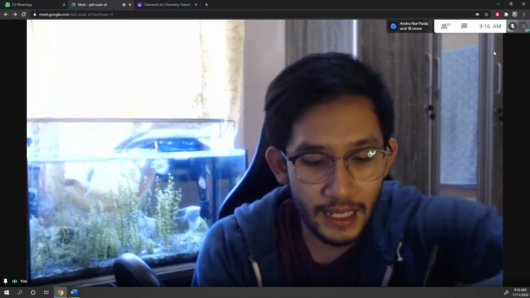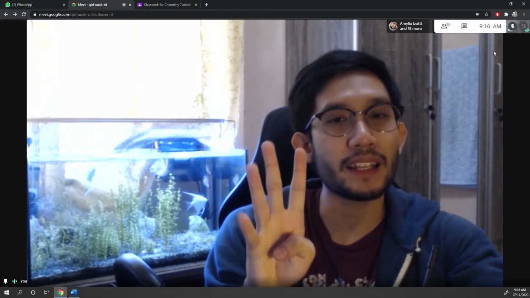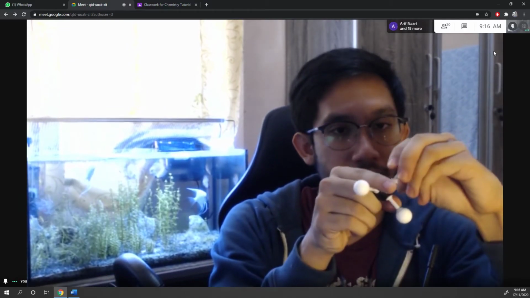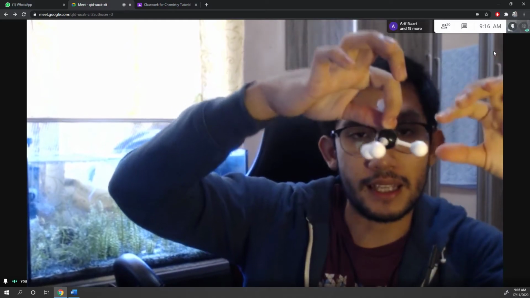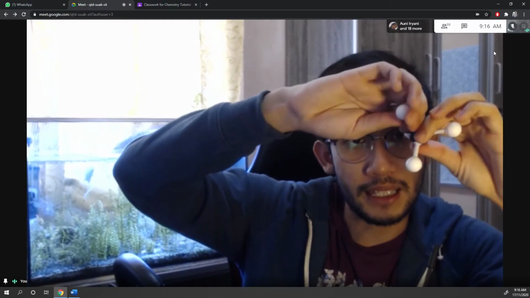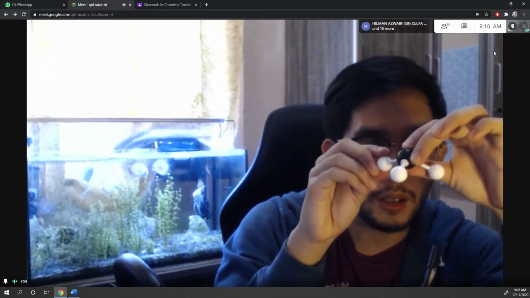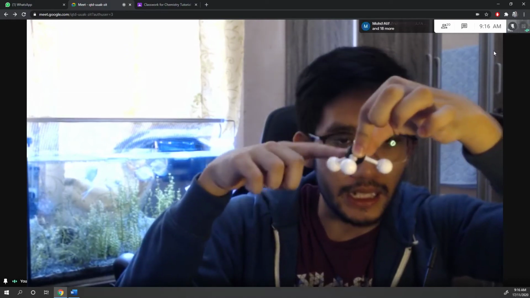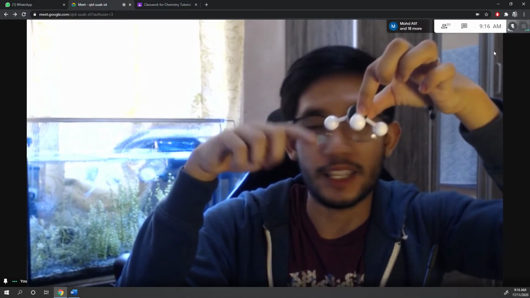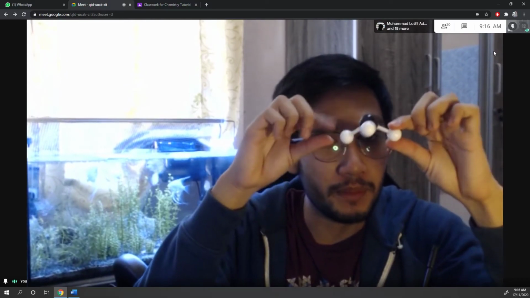Tapi kalau dia start dengan ada 4 pairs, tak kisahlah 4 pairs tu is bonding ke lone pairs ke, dia start dengan 4, the original shape is this, is always this, even though dia cuma ada 3 atom. So 3 atom dia bentuk macam ni. That's why we call trigonal for the bentuk 3, 1, 2, 3 segi, trigonal pyramid. It's not bipyramidal ke apa semua, it's pyramid ataupun pyramidal.